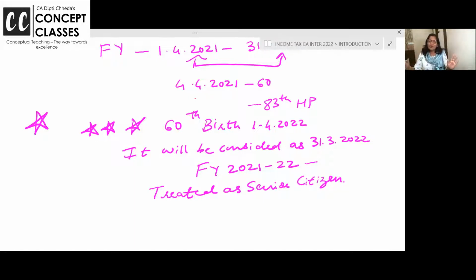No. 2nd April 22 means 60 years and above, means you will be senior citizen in 22-23. If the birthday is on 1st April 22, one day before it is considered, and you are allowed to take all the seniority benefit for 21-22. I want to go to the next topic.